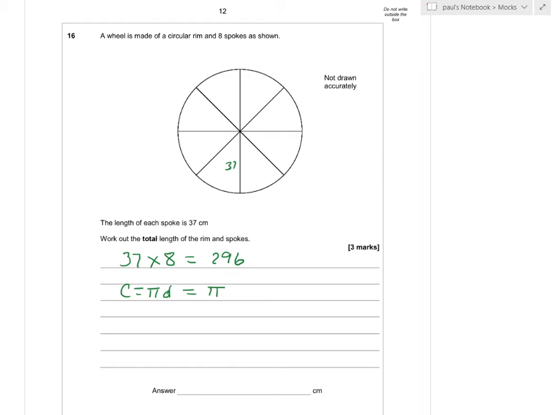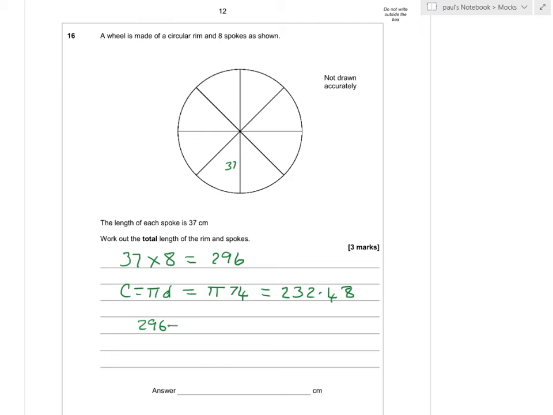Well, twice that, 74. Shift pi times 74 equals 232.48. Right, so add these two together.